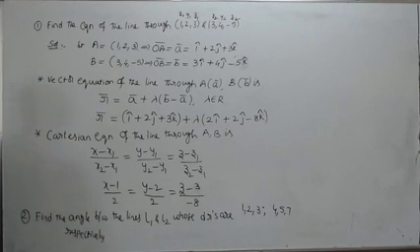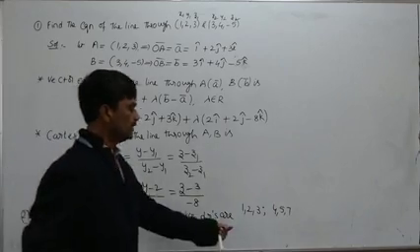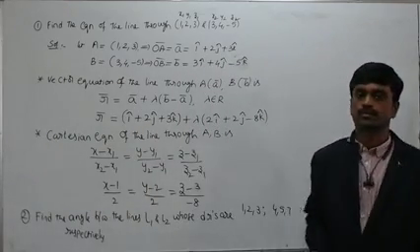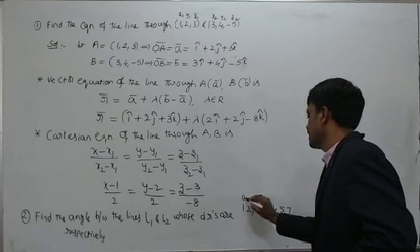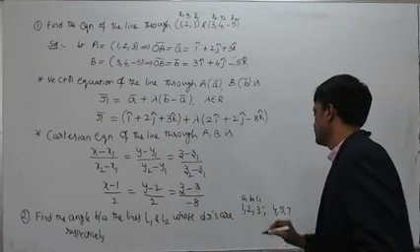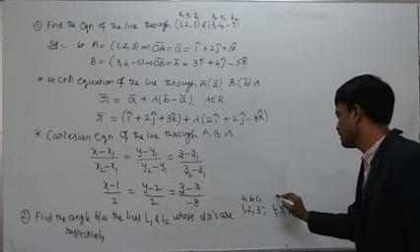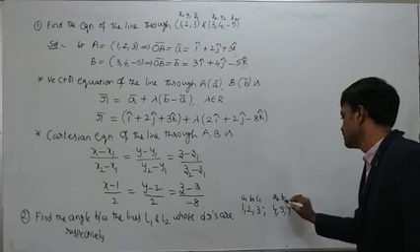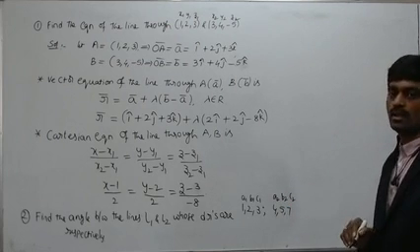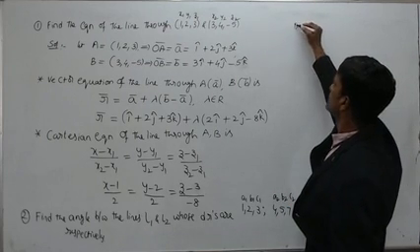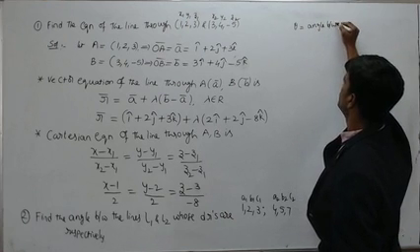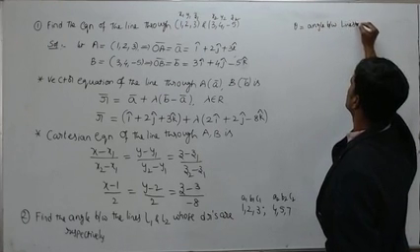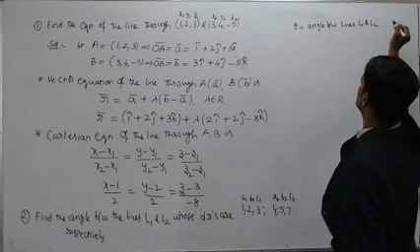So we have to find the angle between two lines. DRs of the lines are given. So if I assume DRs of the first line are a1, b1, c1 and DRs of the second line are a2, b2, c2, and say theta is the angle between the given lines L1 and L2.